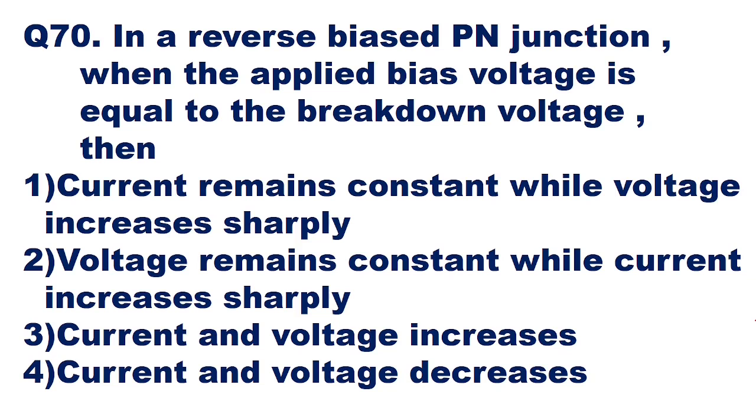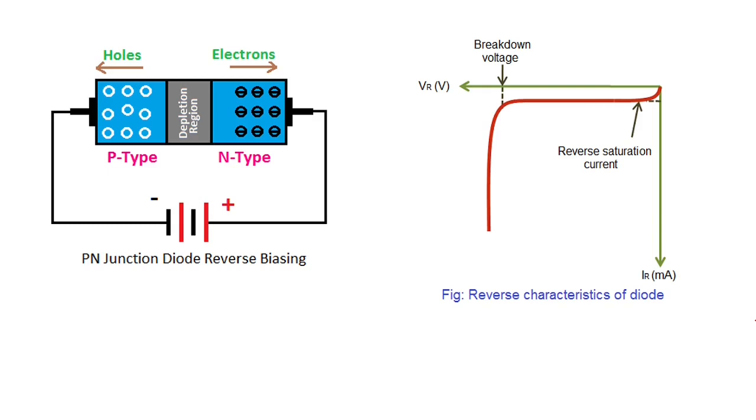Now this concept of minority charge carriers is very important to understand the reverse bias concept. Now if you see a diagram of reverse bias, we know that the voltage applied here will be such that the negative of the battery is connected to the p-type semiconductor and the positive of the battery is connected to the n-type semiconductor.